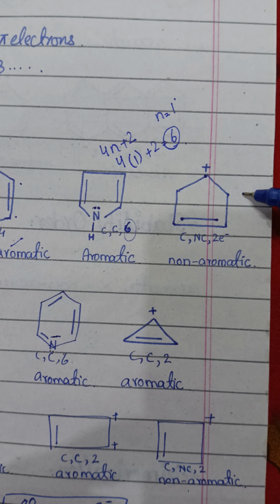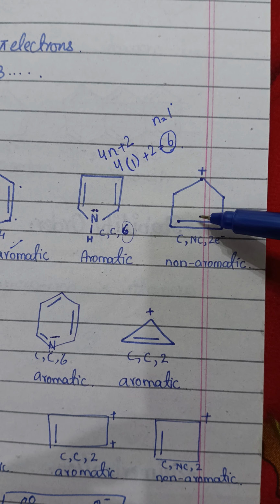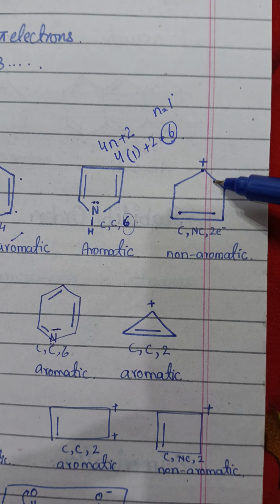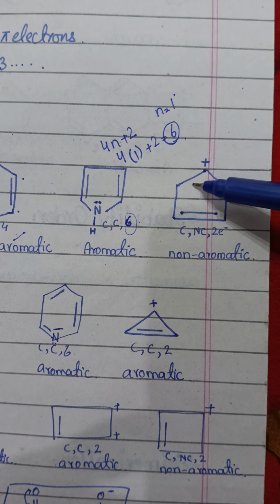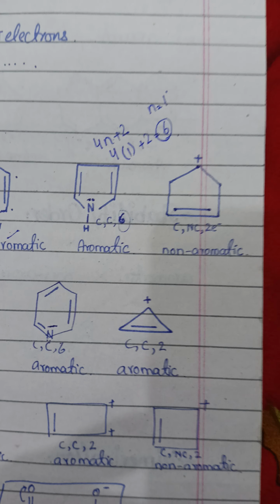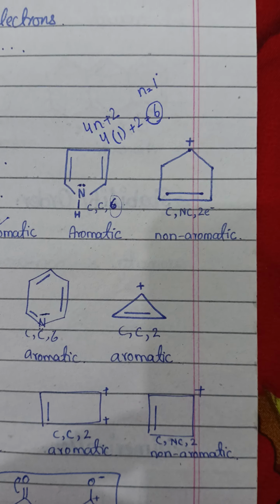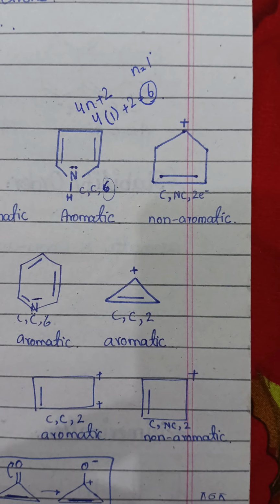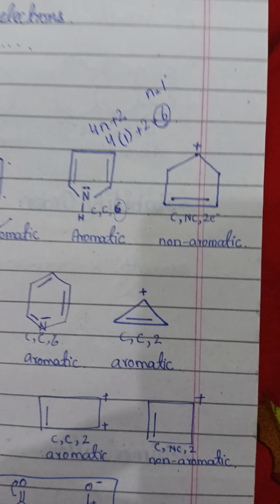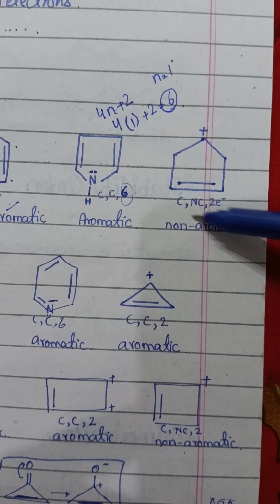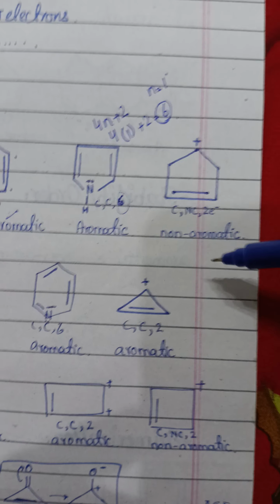Now we have another structure. It has sigma pi sigma sigma positive charge, sigma, sigma, and pi. So we see that it is cyclic, but it has no conjugation in it, and it has only two electrons. The compound with two electrons is aromatic, but due to the presence of non-conjugation, the molecule is a non-aromatic compound.